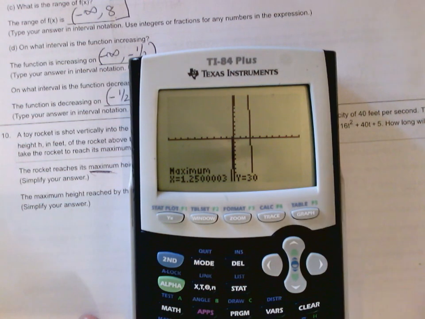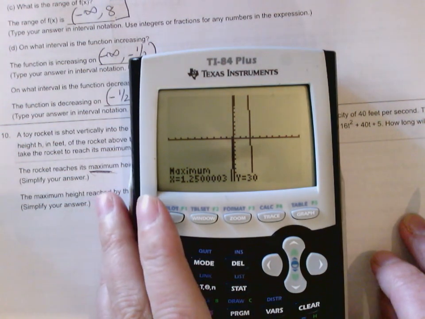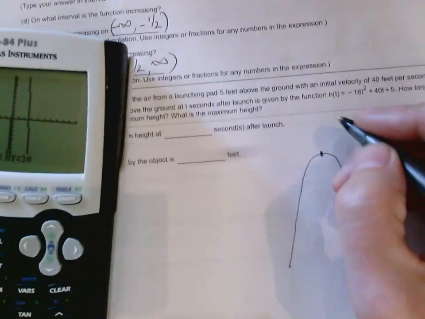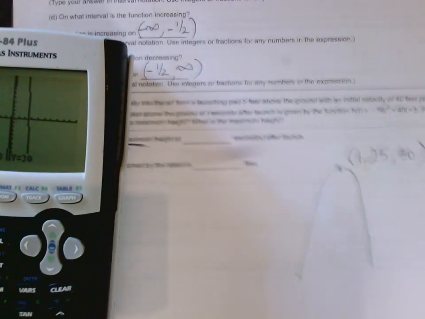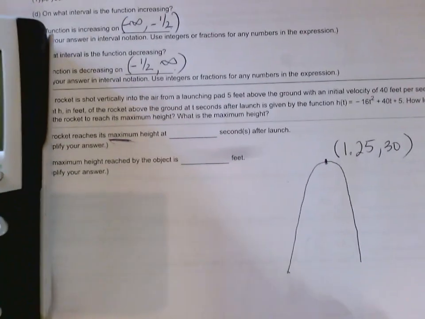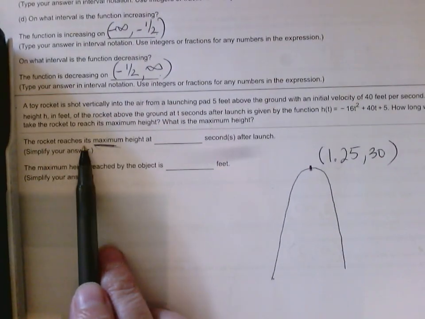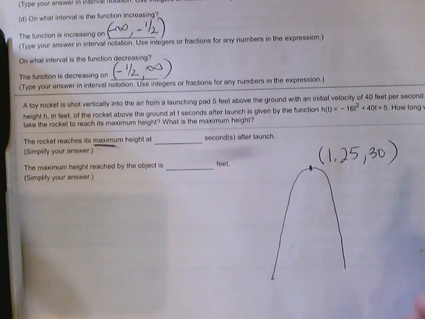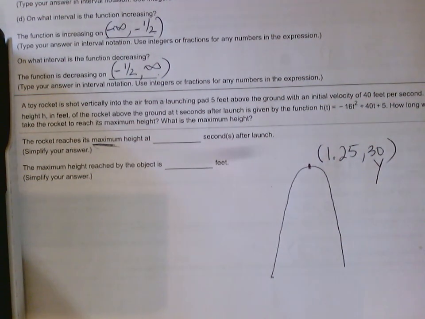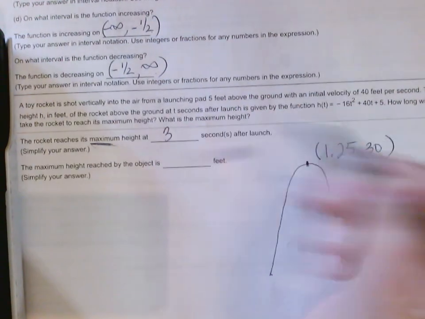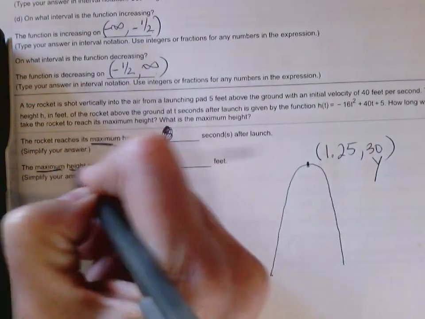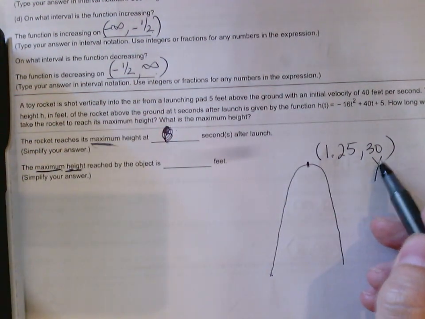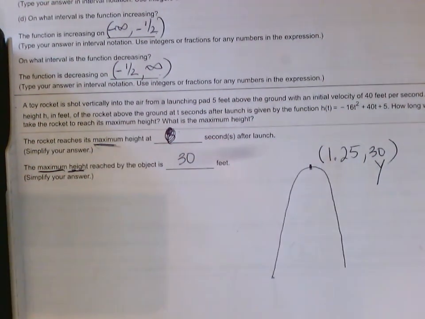It's at 1.25, 30. So this vertex is right there. So it's asking me, the rocket reaches its maximum. So what is the maximum? It's always the y value. Oh, whoops. Nope, that's not right. Sorry. Maximum height is going to be reached at 30 feet.